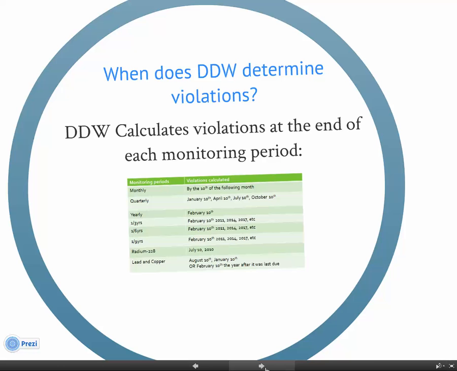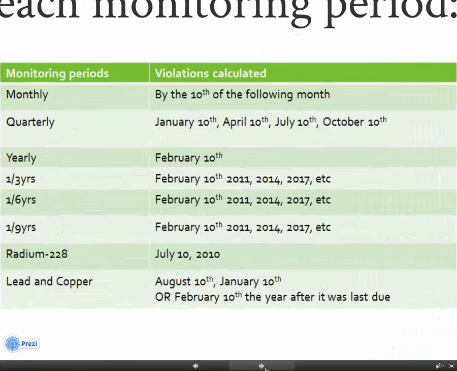So, the next question that you're dying to ask me is, when do staff at the Division of Drinking Water sit down and determine all of these violations? And the answer to that is that we calculate violations at the end of each monitoring period. So here are the different monitoring periods that we operate on for all of our sampling requirements. The first is monthly.